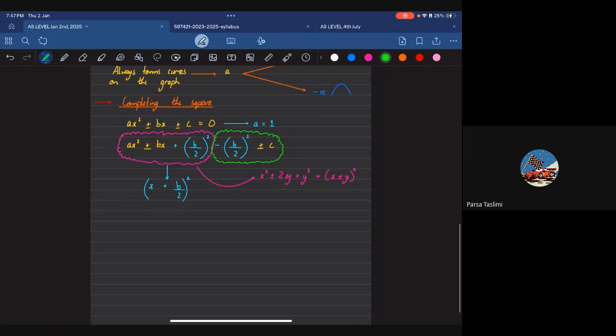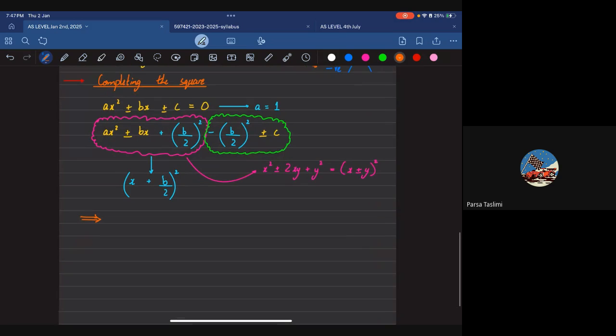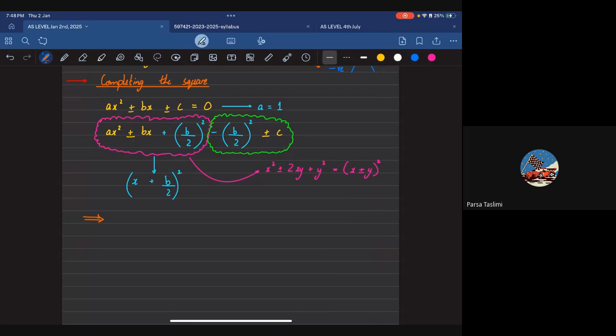So the final outlook of the entire shape is that the final shape you get after putting an equation through completing the square is X plus minus B whole squared.